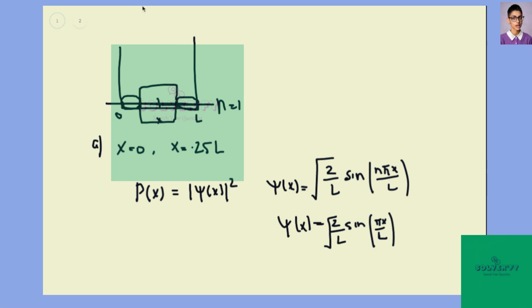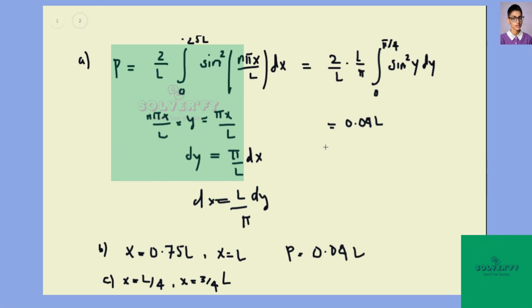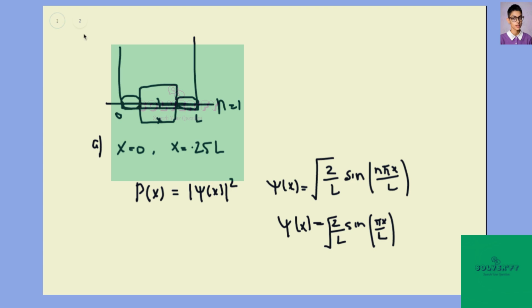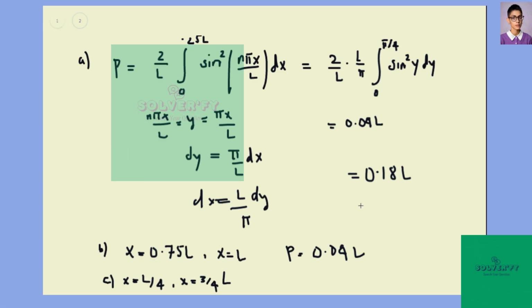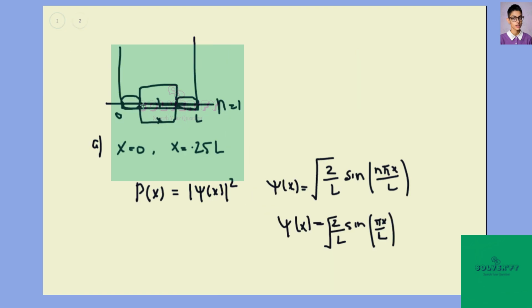If I add these two probabilities, I get 0.18. And I know that the overall probability of finding the electron between 0 and L should be equal to 1. So the probability of finding the electron between L over 4 and 3L over 4, which is the remaining, should be equal to 1 minus the sum of these two, as you can see from the diagram.